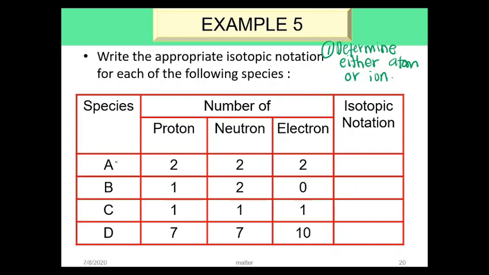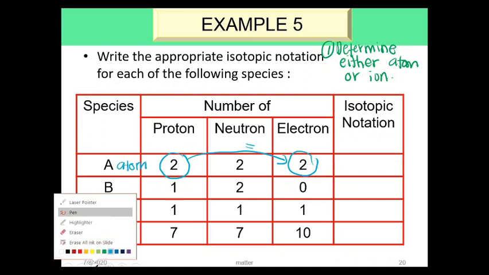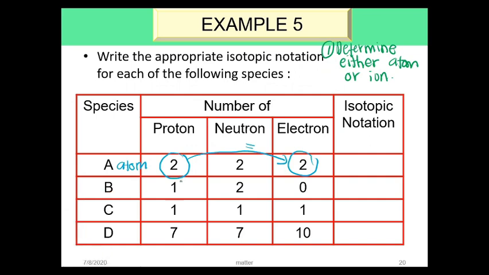Take a look at A. The proton number is 2 and the electron number is 2 as well, so they are the same, meaning A is an atom. For B, the number of protons is 1, but the electron number is 0, so it is not the same.